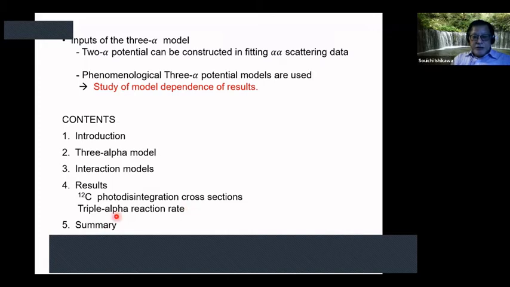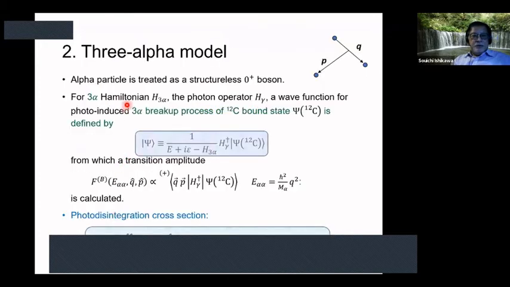The model is very simple. The alpha particle is considered as a structureless boson, just a point particle; its internal structure is ignored.